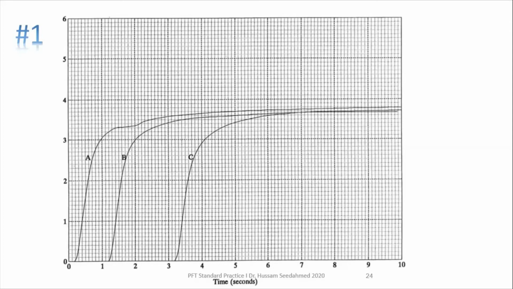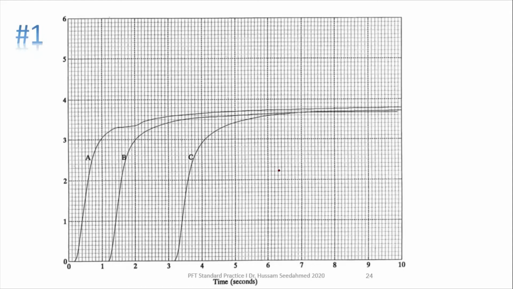Reproducibility is one thing and acceptability is another. Here, yes, they are not reproducible because there are variable efforts in the maneuver. But why is the curve not acceptable? One of them is actually not acceptable.